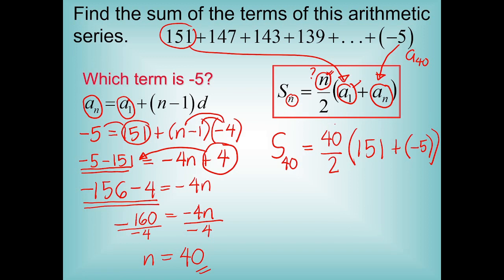So, divide. How much is this? 20. What is 151 plus negative 5? Or 151 minus 5? 146. Multiply 146 and 20.